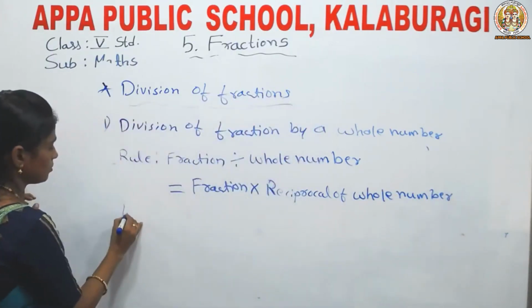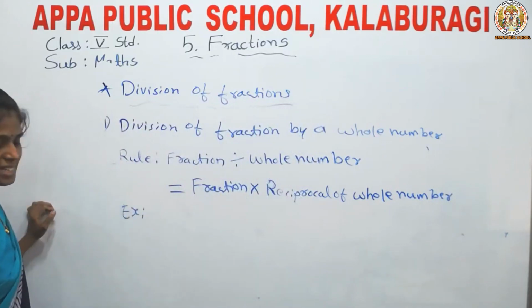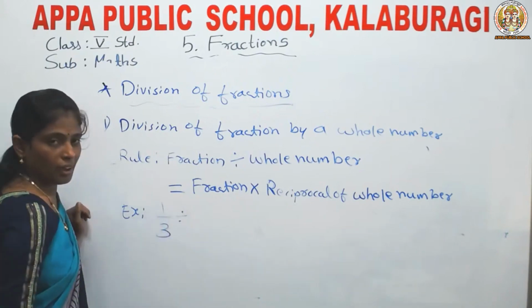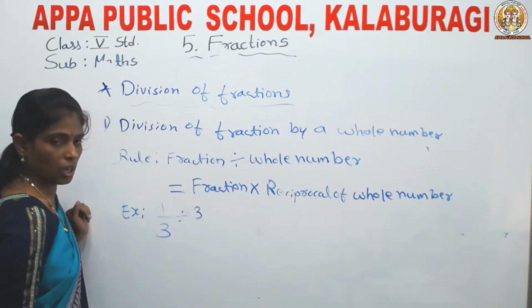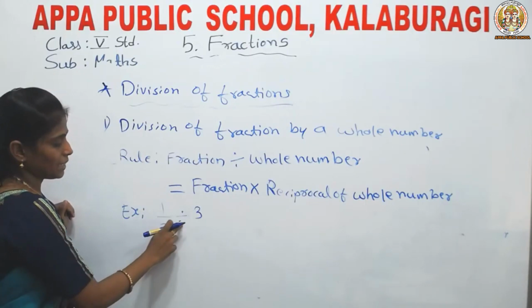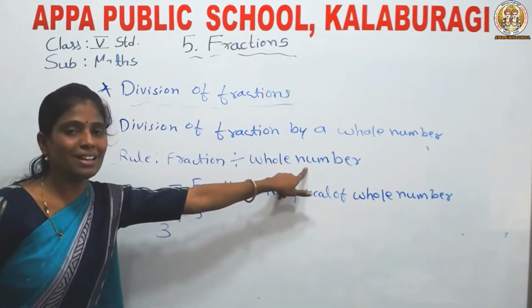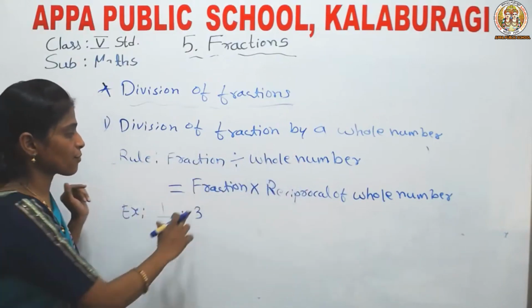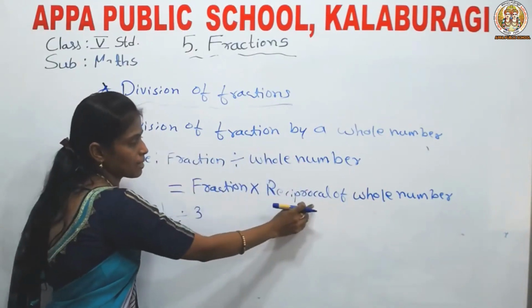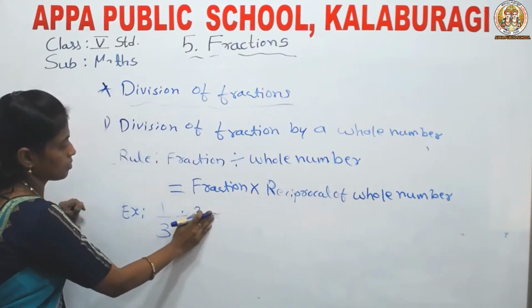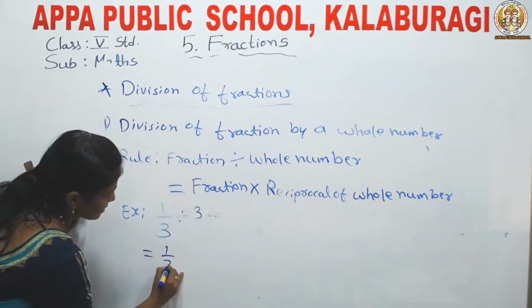For example, fraction 1/3 divided by the whole number 3. Okay, 1/3 divided by 3. Here a fraction is divided by a whole number, and the rule is fraction multiplied by the reciprocal of the whole number. Here 1/3 stays as it is.